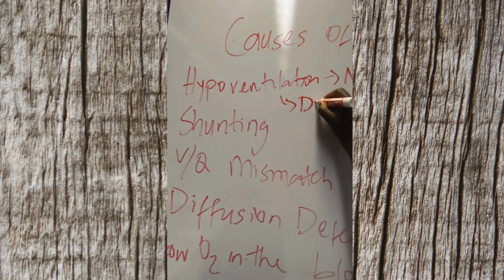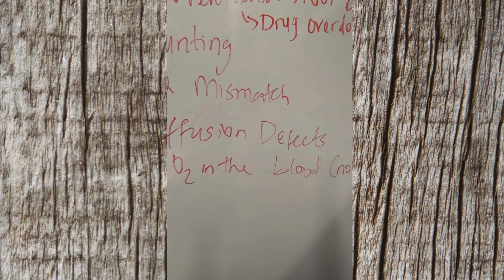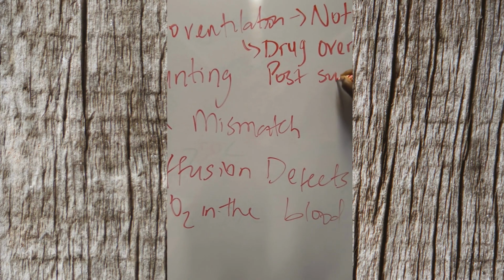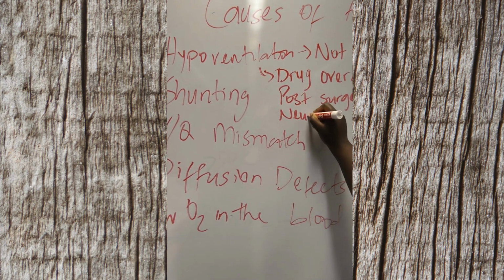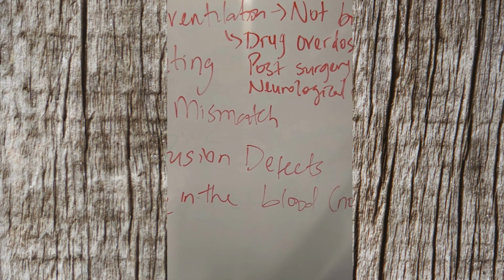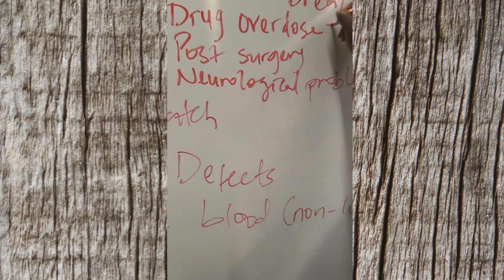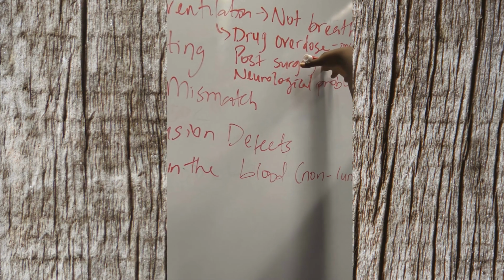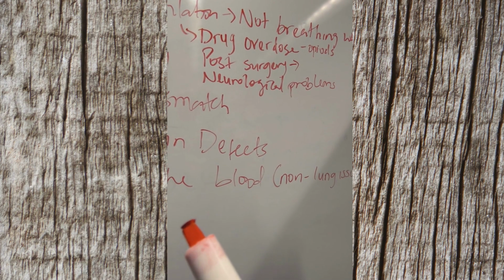So when we are talking about hypoventilation, you're thinking of drug overdose, post-surgery, and neurological issues. When I say neurological issues, I mean stroke, head injury, drug overdose like opioids and sedatives, and post-surgery, like the effect of anesthesia. They're just groggy getting out of anesthesia.